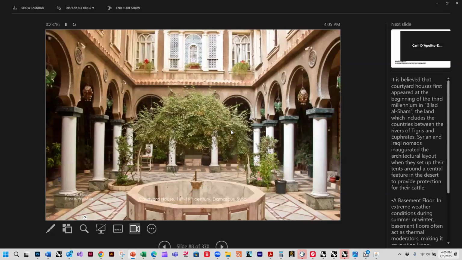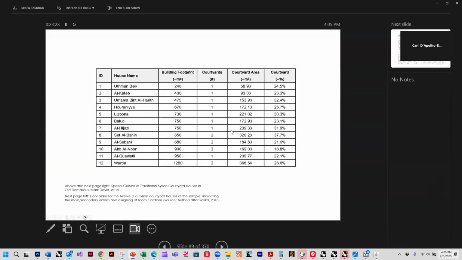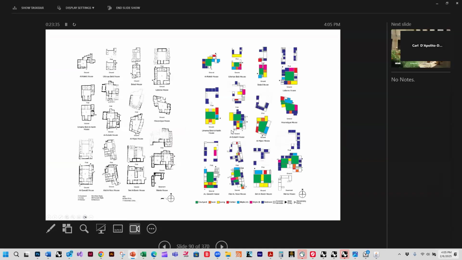I think the greatest example of that are the courtyard houses in Damascus in Syria. They don't always, but many of them have this two courtyard principle. There are about 12 of them that are very famous. There they are.